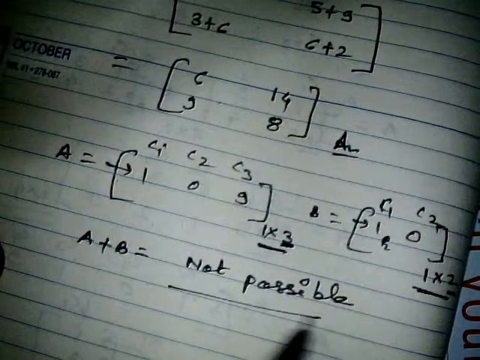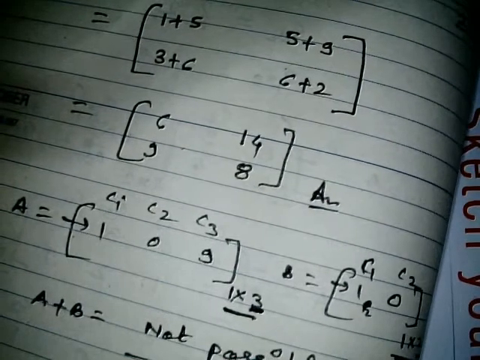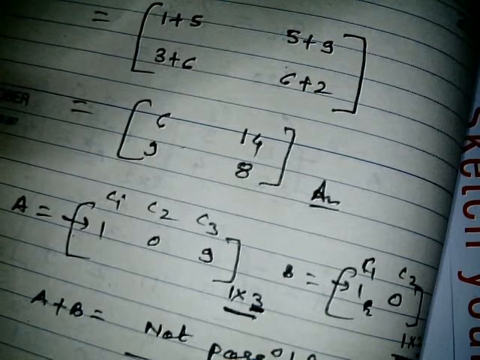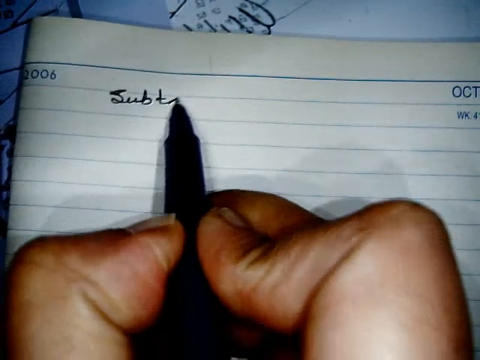Okay, now second is subtraction. Subtraction is also like the addition. If two matrices are of same order, they could be subtracted, otherwise not.